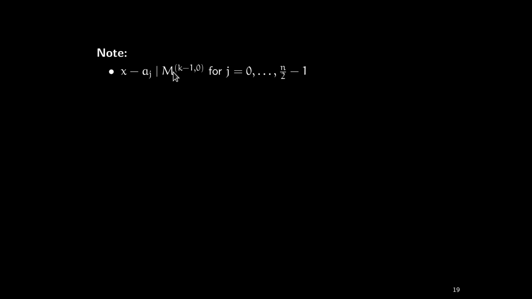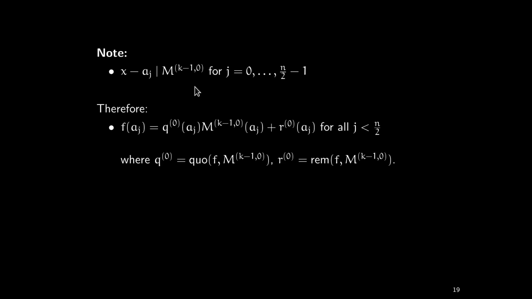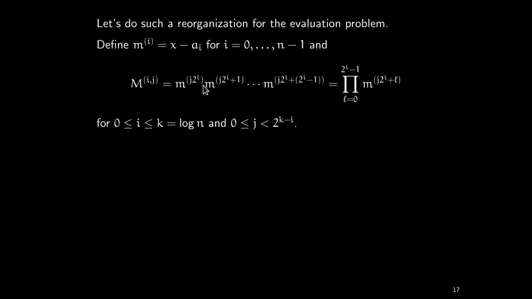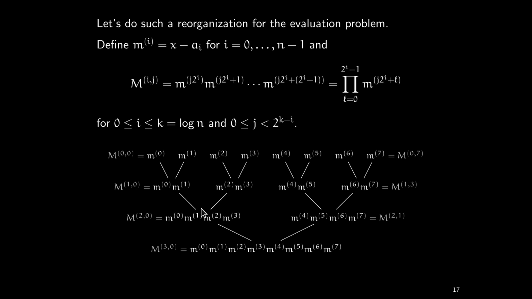M_{k-1,0} is defined as the product of the first half of these polynomials, so j running from 0 to n half minus 1. The second half will be the product of the second half of these little m's here, which will make up M_{k-1,1} in the second index. So this is M_{k-1,0}, and this is M_{k-1,1}, and this is M_{k,0}.